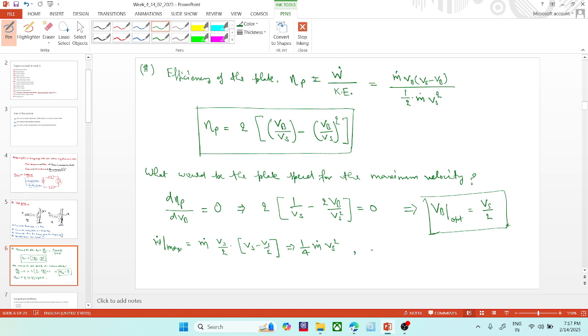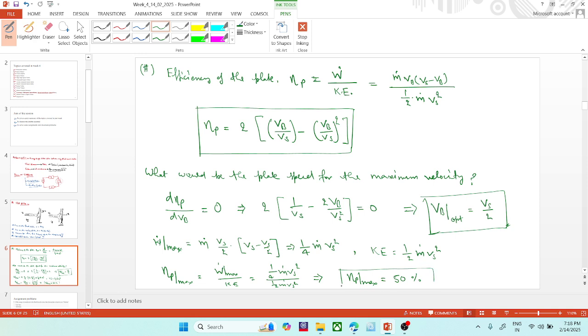And what is the expression the kinetic energy was having? KE was having half m dot Vs square. So from here we can calculate the maximum plate efficiency, W dot max divided by KE, which is one fourth m dot Vs square divided by half m dot Vs square. From here, this maximum plate efficiency would be 50%.